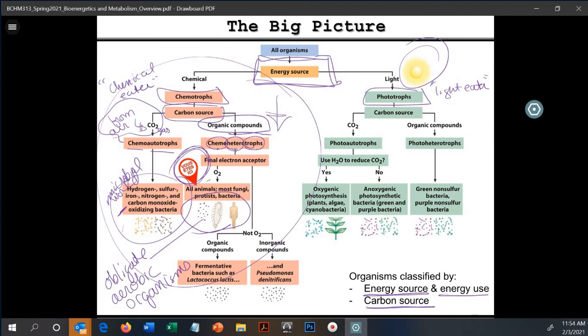Okay, and then we look at how you use your energy. If you run an electron transport chain and you have oxygen as your final electron acceptor, then you're us, an obligate aerobic organism.